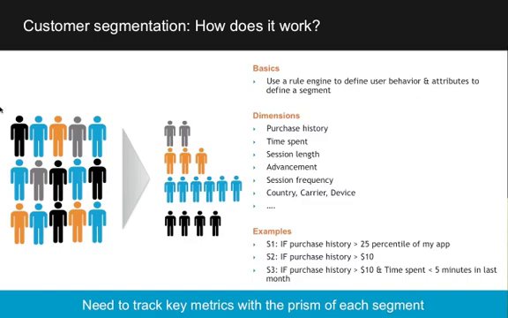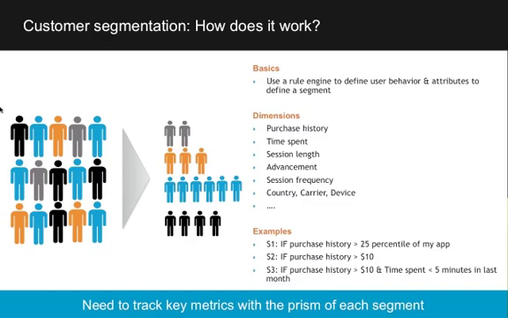And finally, you can also use country, carrier, device, a variety of these mechanisms, and combine all of these, right, to create all the segments that you want. Once you've created all these segments, what you also want to do now is to say, look, for every segment, I want to track some metrics using this prism of a segment. Right?